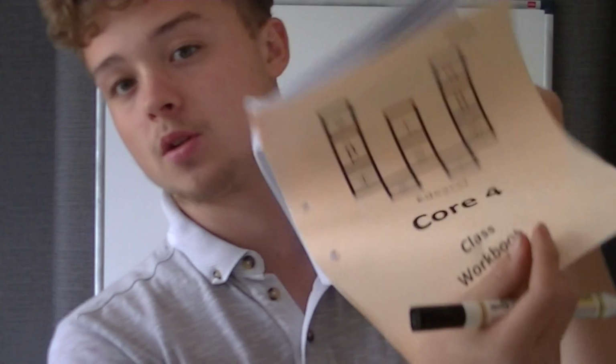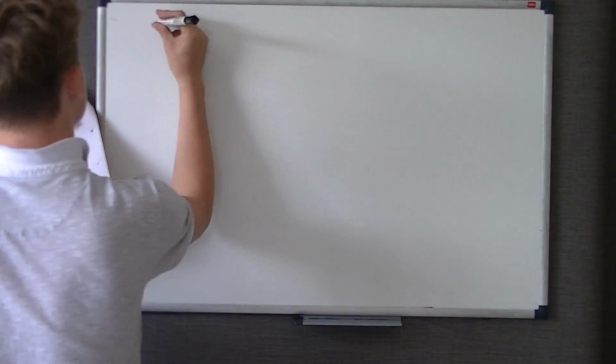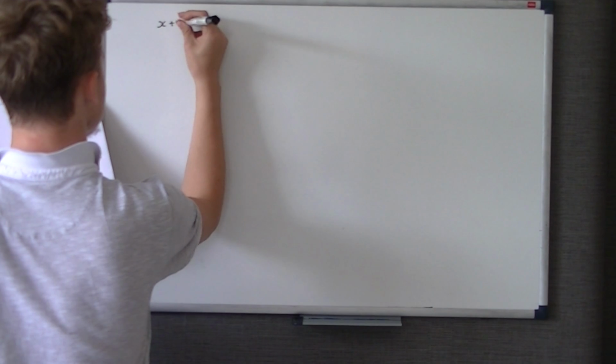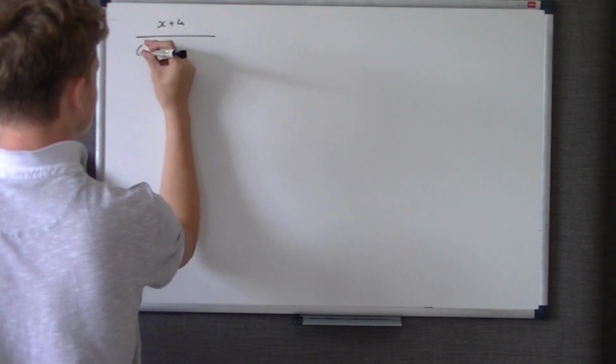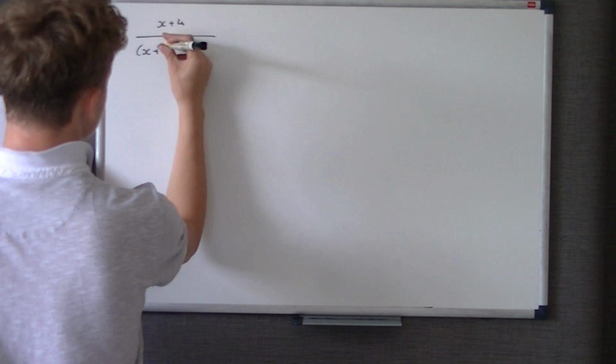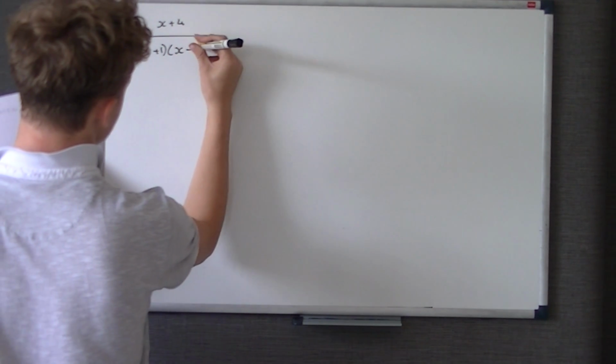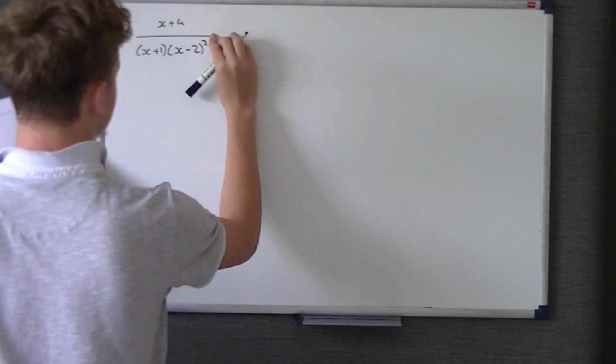So if you turn to exercise, again, if you've not got this book, just ignore me. Core 4, exercise 1.2, question 2. For those of you who don't have the book, it says x plus 4 over x plus 1 times x take 2 squared.